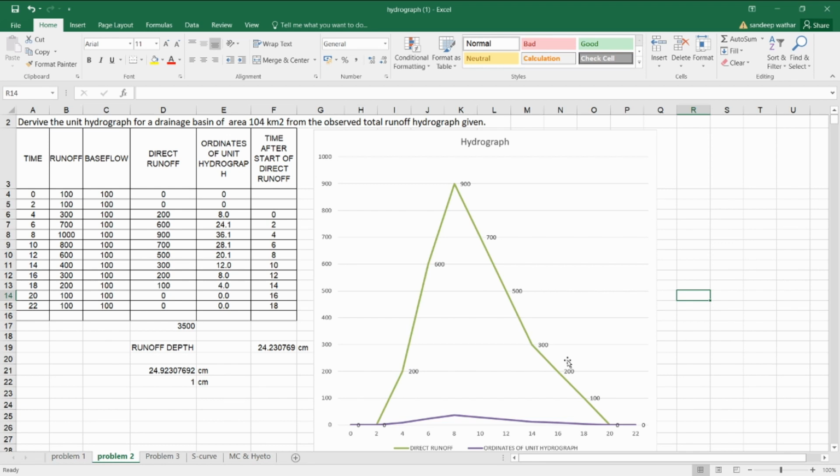Now the next thing is to find out the ordinates of the unit hydrograph. To do that, we first need to find out how much the effective rainfall is. So how do we solve for the effective rainfall? Effective rainfall is nothing but the deduction of all the abstractions from the rainfall.